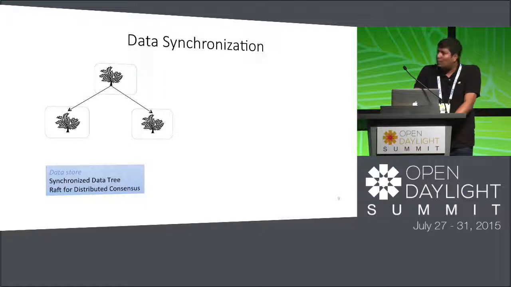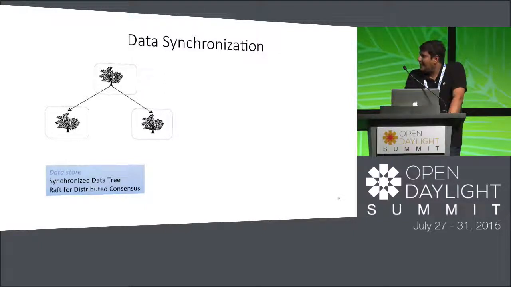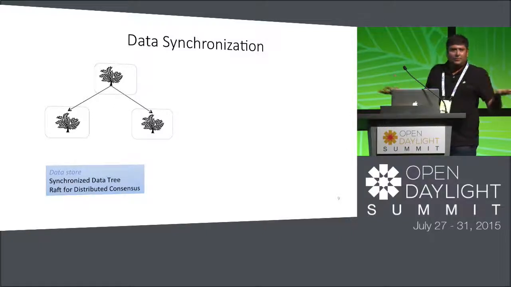The next thing which is common amongst these two implementations is data synchronization. The data store, it's kind of obvious. You have trees and you want the data tree to be synchronized. If you know about our Yang system and the way we store everything as a tree, we have a big tree of data, right? We have inventory, topology, maybe toaster or my app, or you name it, we've got that.